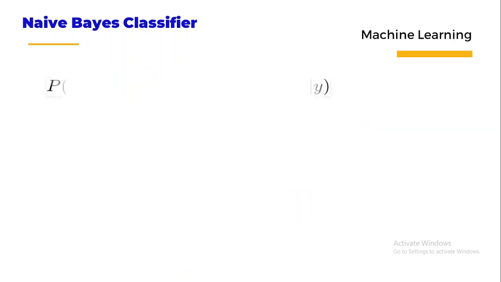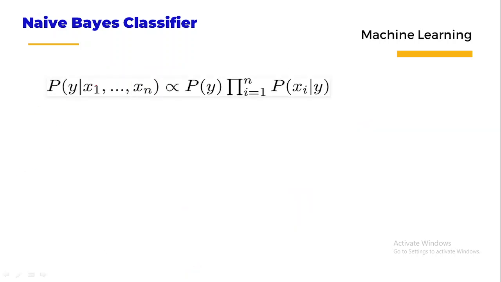That's why we have written it like this: the probability of y given the input features, the proportionality symbol, and similar terms. Removing that denominator saves time and calculations. In our case the class variable y has only two outcomes, yes or no, because it is a classification problem.